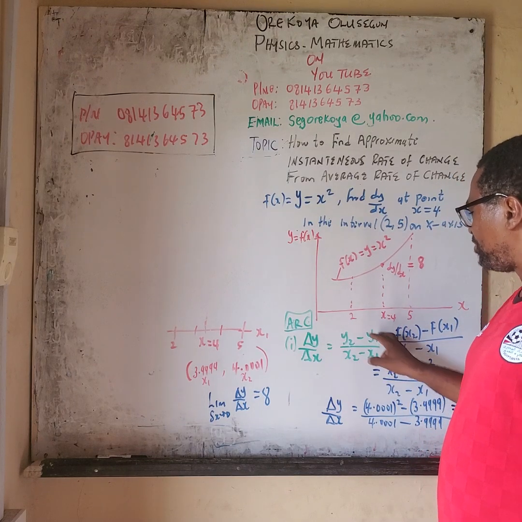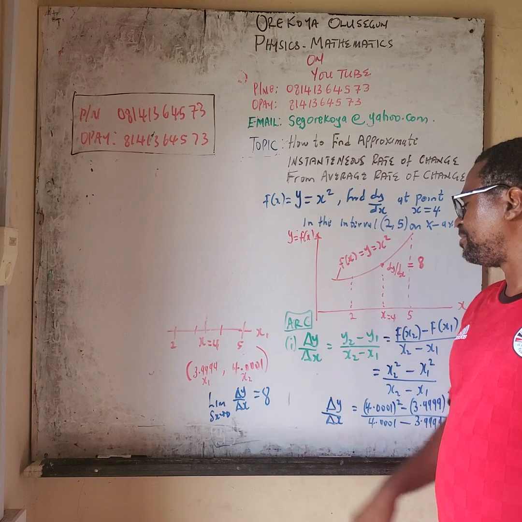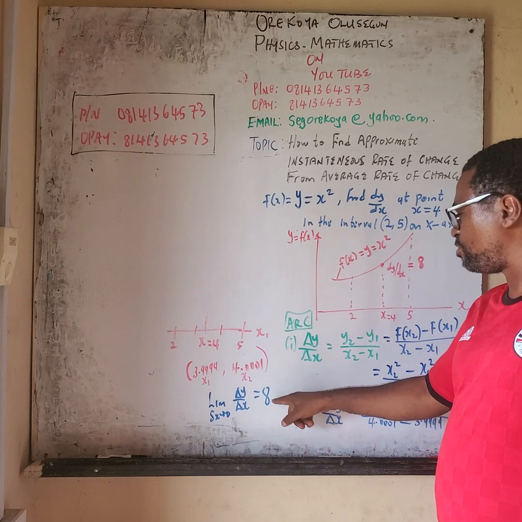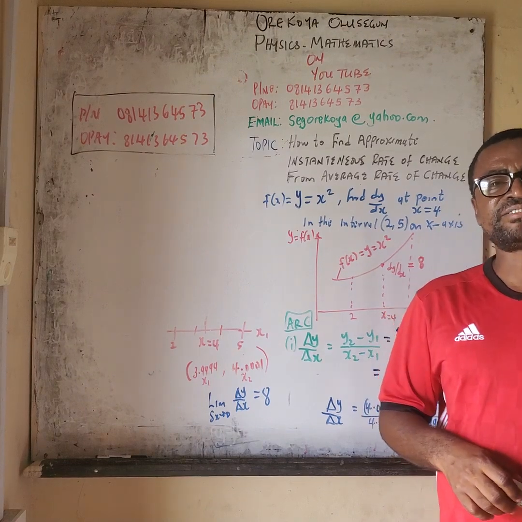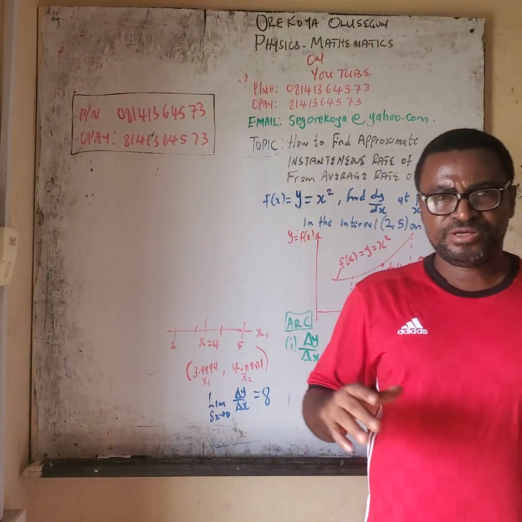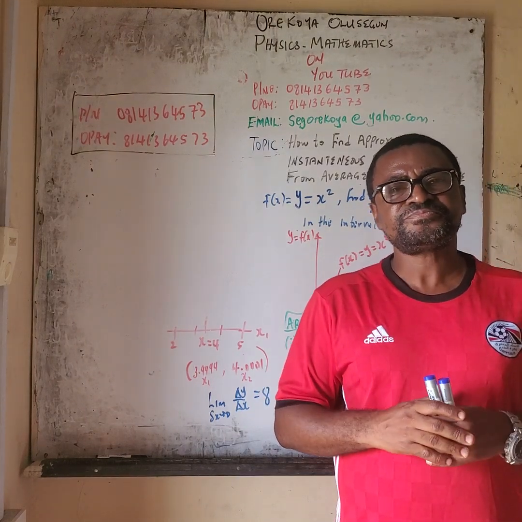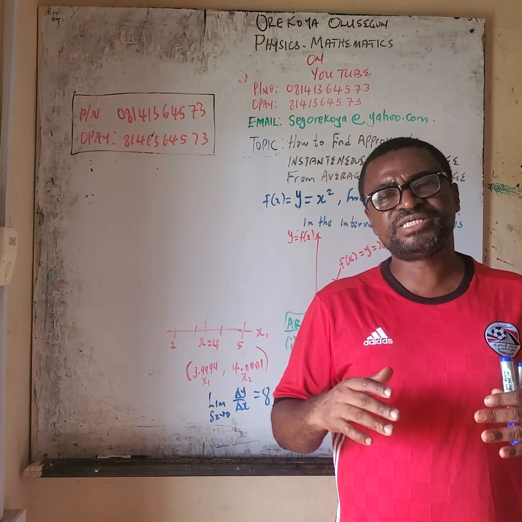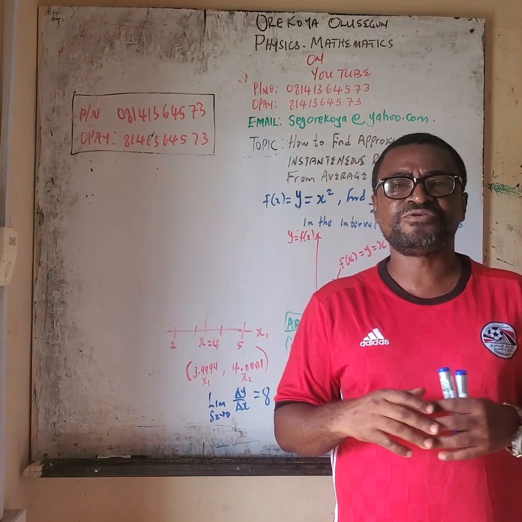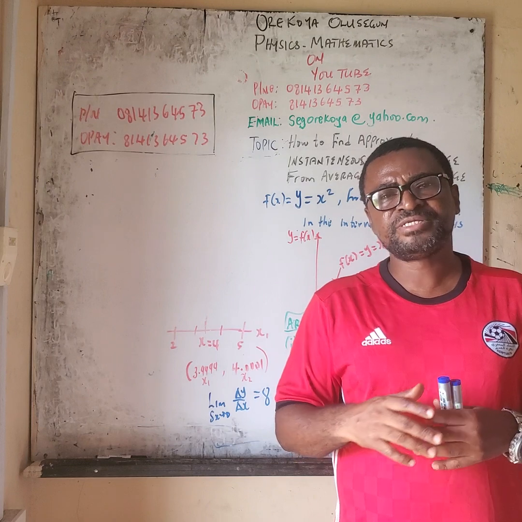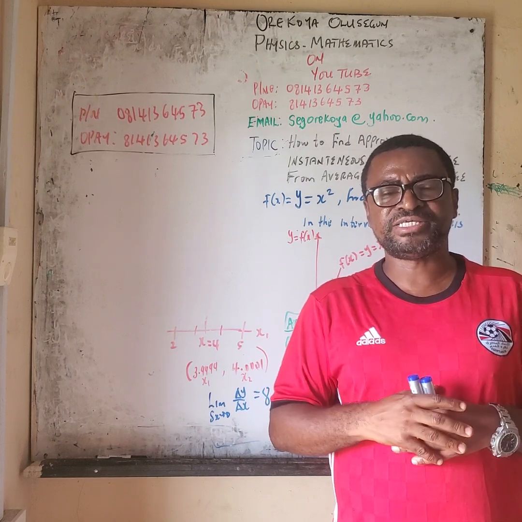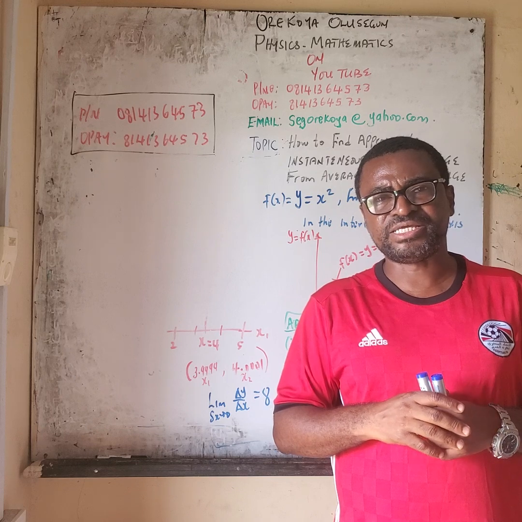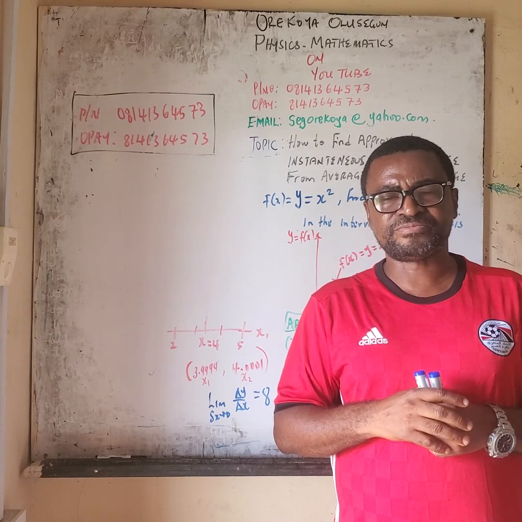The limit we are going to have will be almost equal to or exactly equal to the instantaneous rate of change. I believe that you have been able to appreciate how you can use the idea of average rate of change to determine instantaneous rate of change at a given point on the axis for the independent variable.